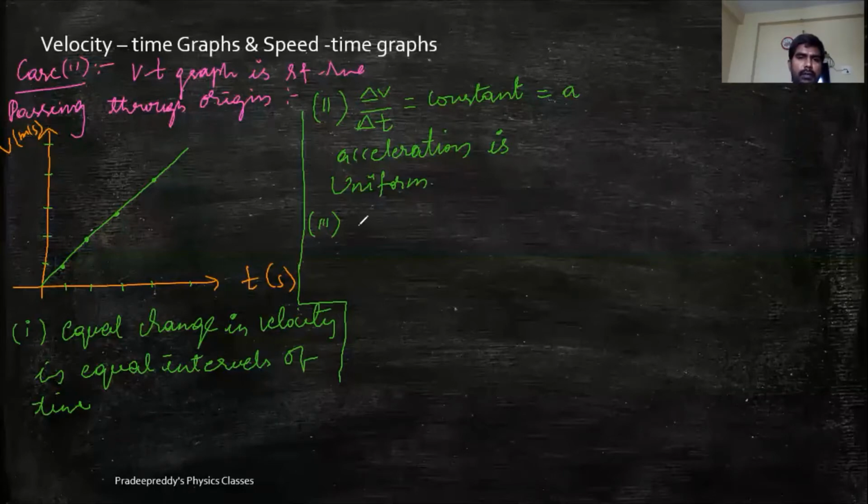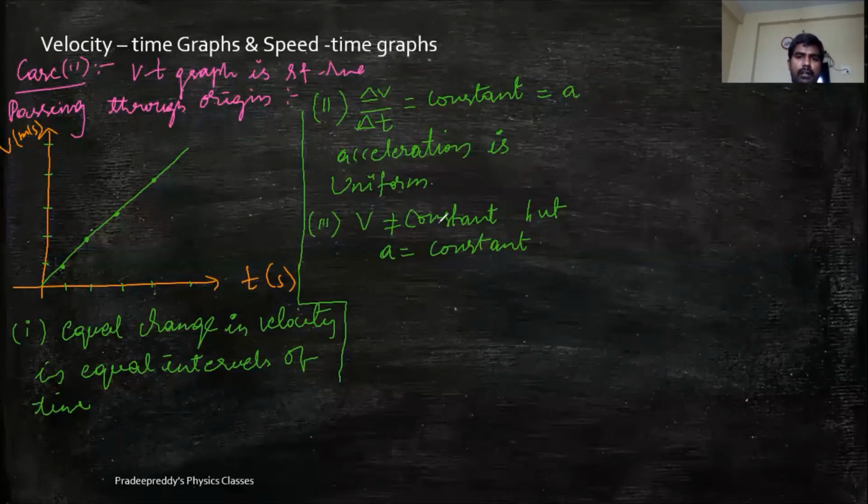And coming to the third one, see here velocity is not constant. V is not constant, but A is constant. If V is constant, it is uniform motion. But here V is not constant, right?